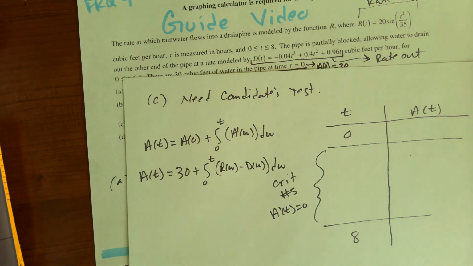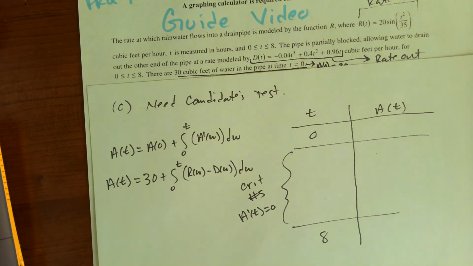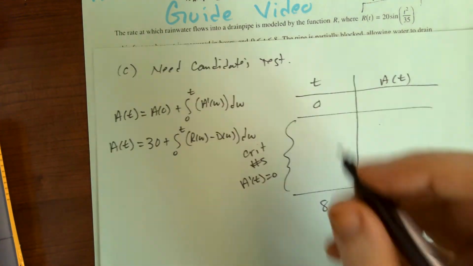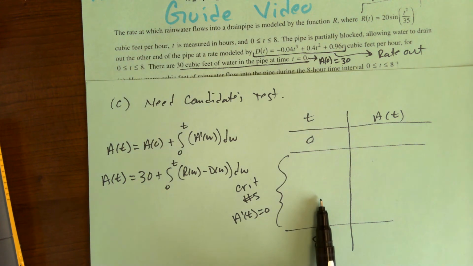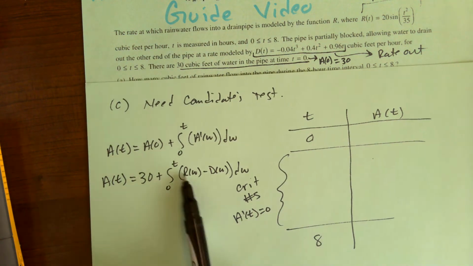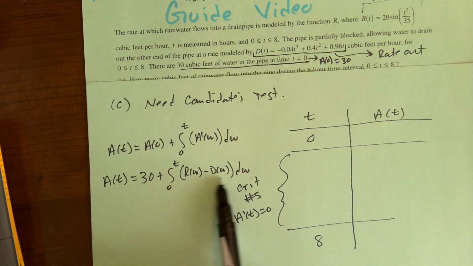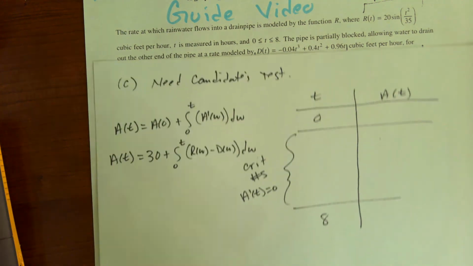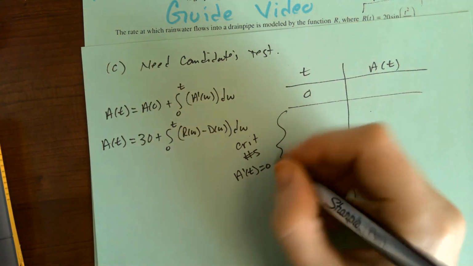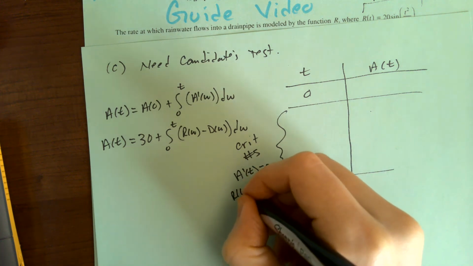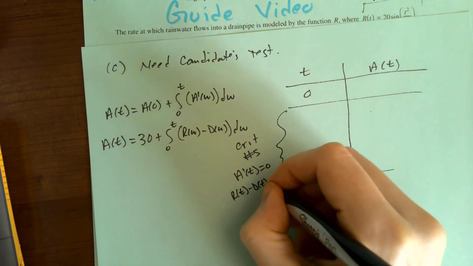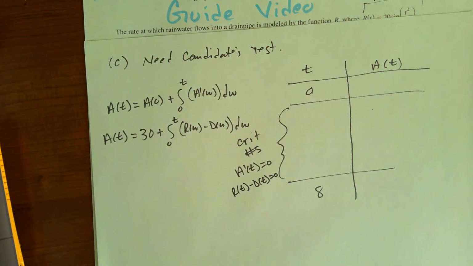So, yeah, critical numbers where A prime of T equals 0. All right, so what I've got to do, guys, is take A prime of T, which is R of T minus D of T. So I'll say R of T minus D of T equals 0.